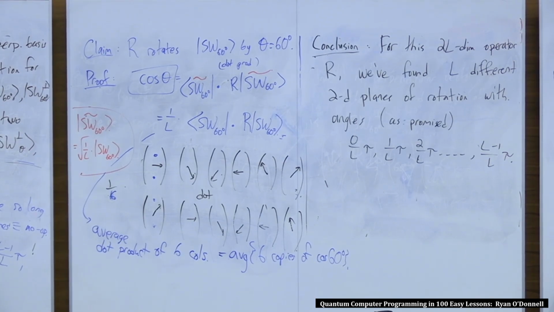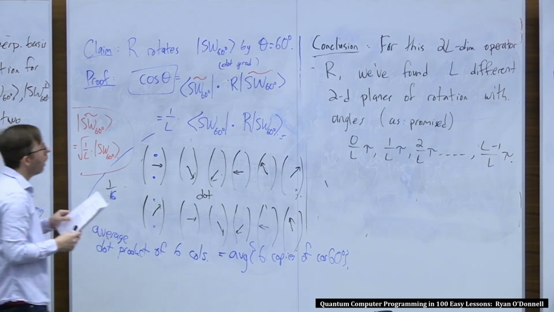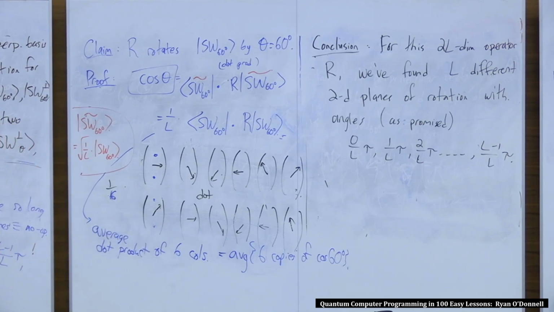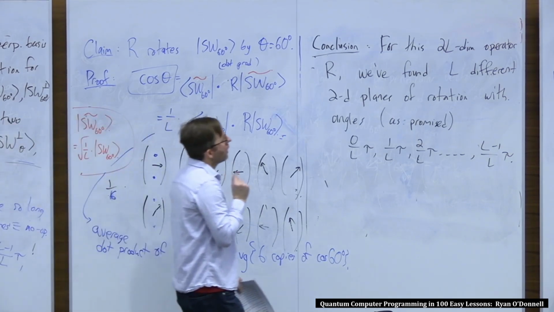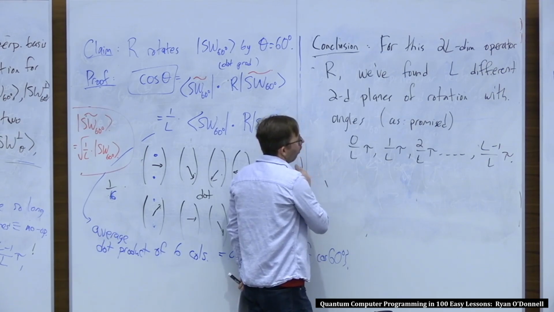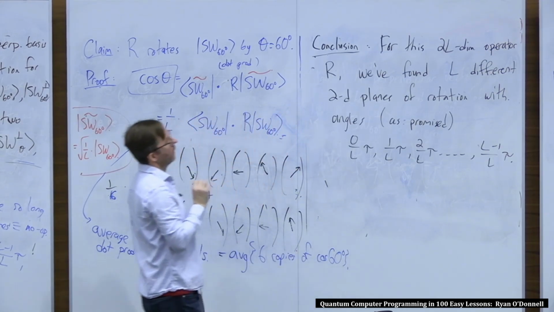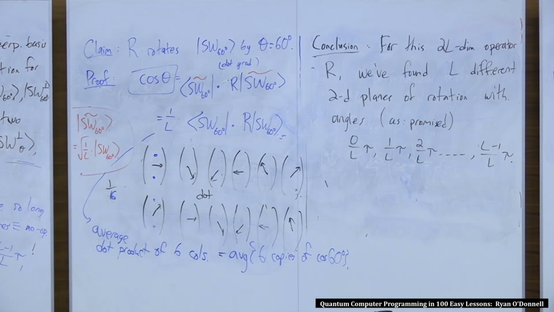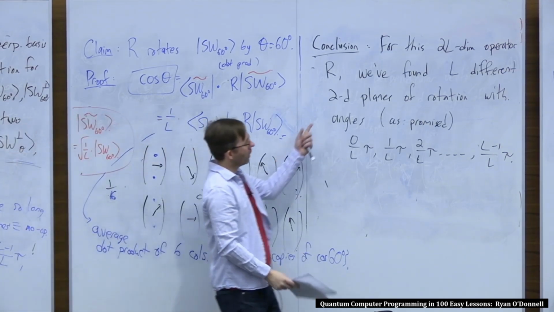So there's still a little bit more to do. There's one aspect of this we didn't quite yet check that we should still check, which is that we found these L different planes of rotation.